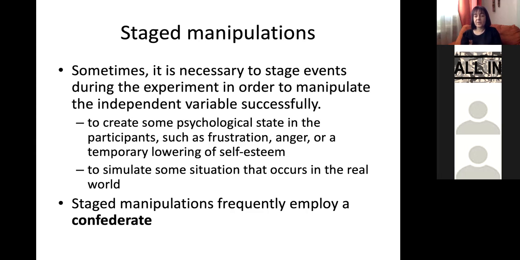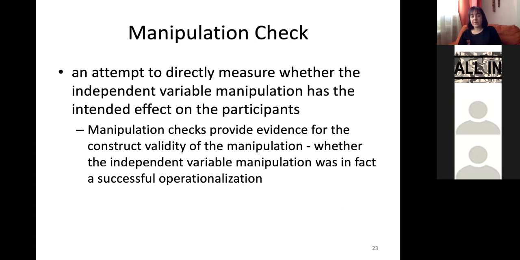And usually such manipulations are used in real life settings, like you can do it on the street or while participants are waiting to enter the lab. And then it is not sure if your manipulation is successful.